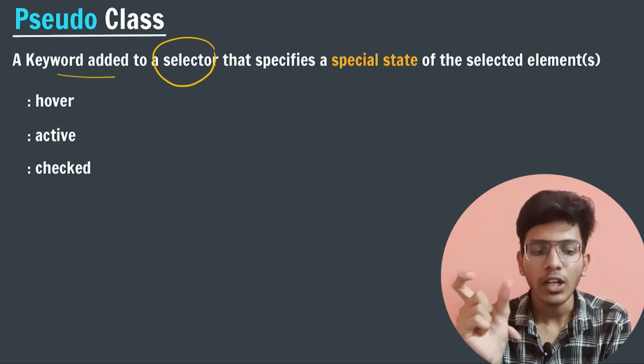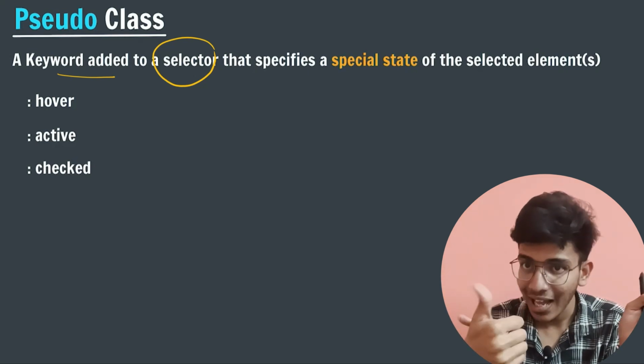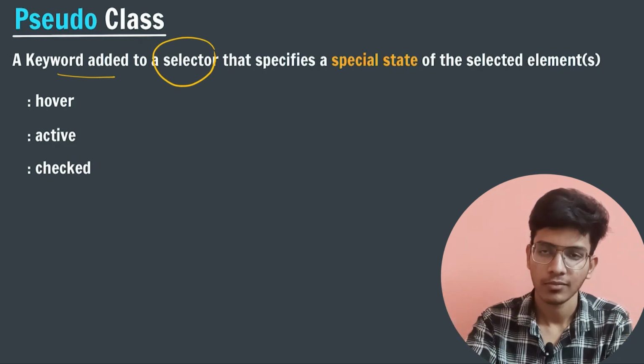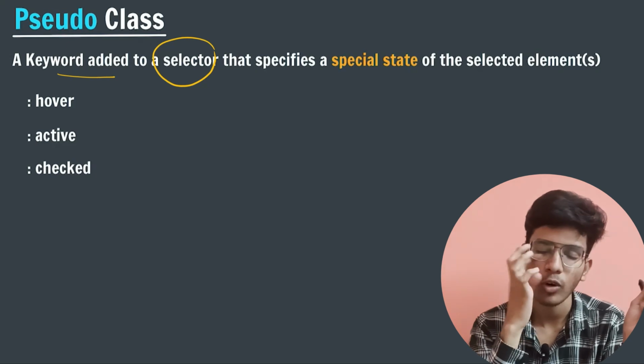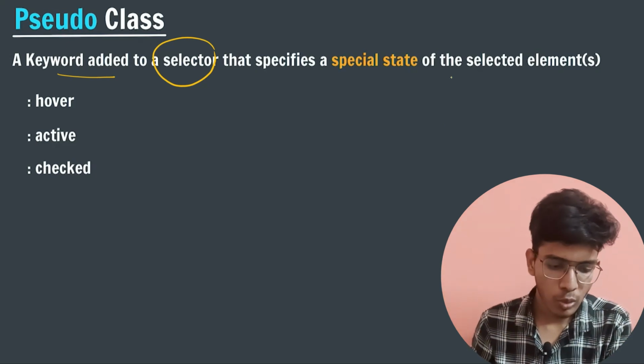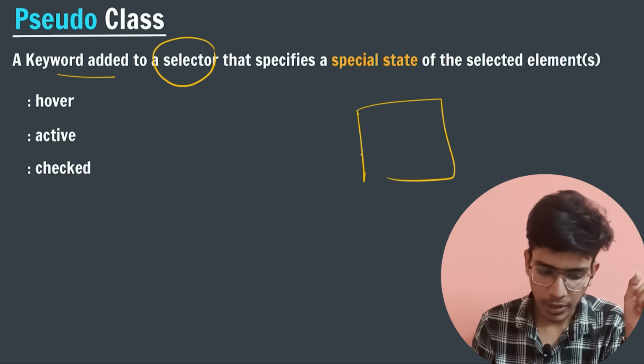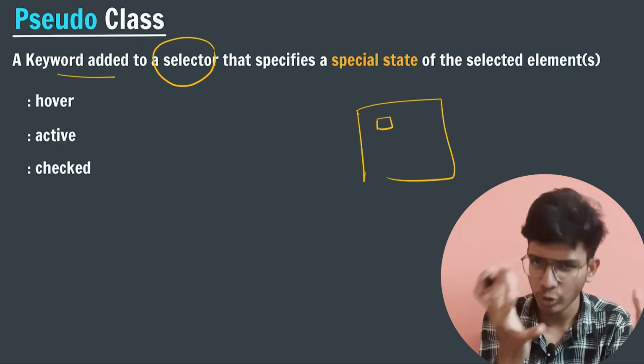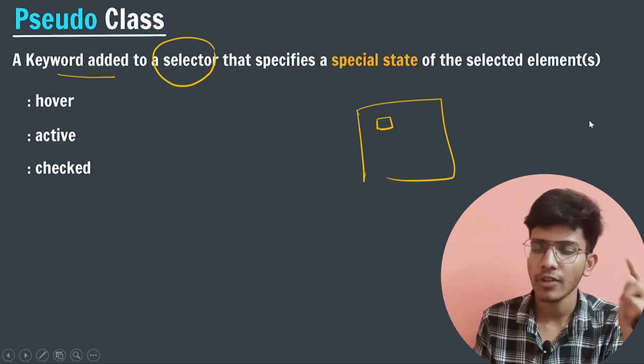Now what a pseudo class will do is it is a keyword which will tell you what state. If you want to create a special state, for example, you have a page, and in the page you have a button, and the button will look like a square box in the default fashion, right?